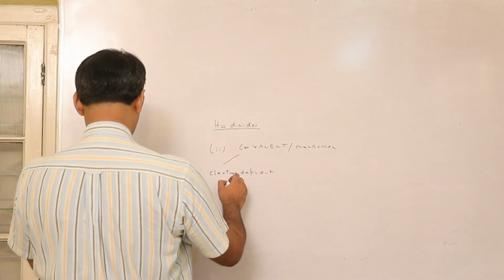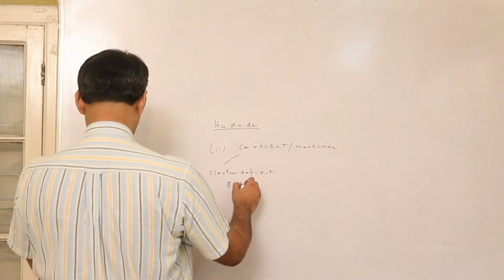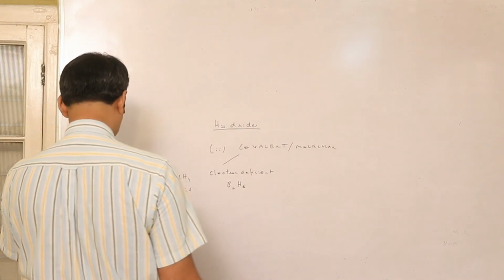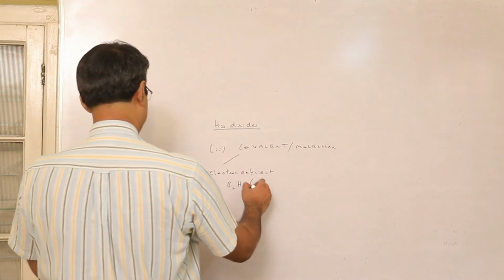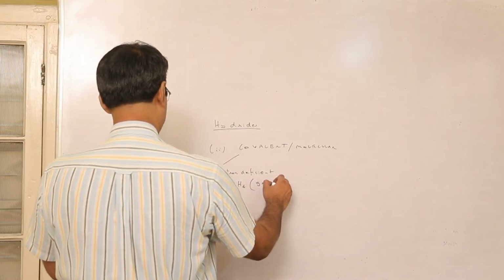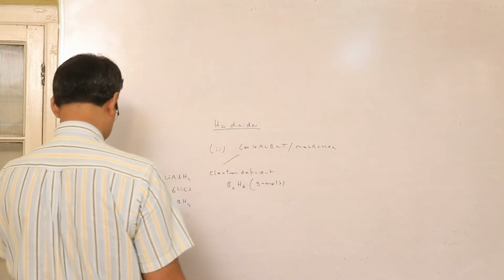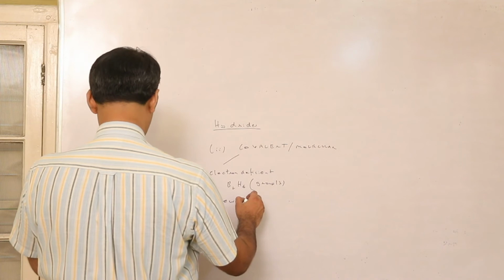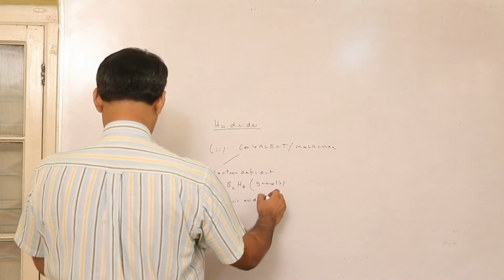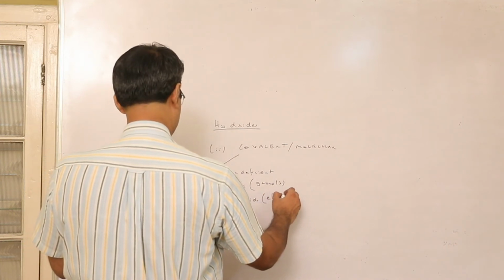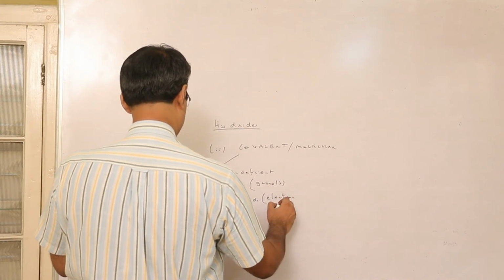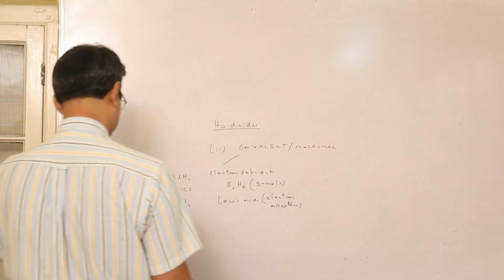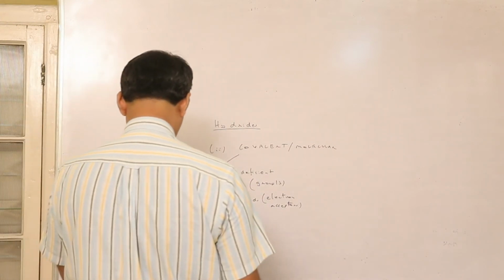Now, electron deficient hydrides do not have a complete octet, like say for example B2H6. In fact, all group 13 hydrides fall into this category, and that is why they act as Lewis acids. That means they are electron acceptors. So they are Lewis acids, in other words, they are electron acceptors.